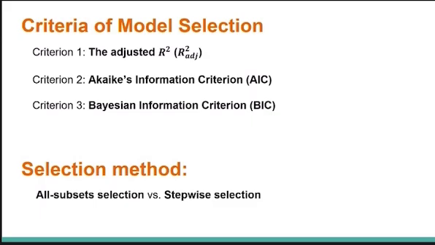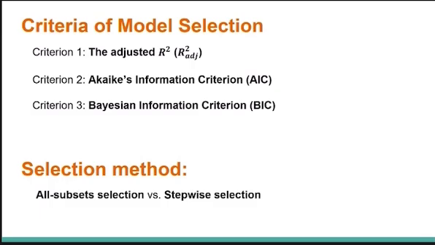I have two methods of selection here that I want to consider: all subset selection and stepwise selection. When I talk about all subset selection, that is more or less saying that I want to run through all the models, and of course, I'm going to use a subset of that.